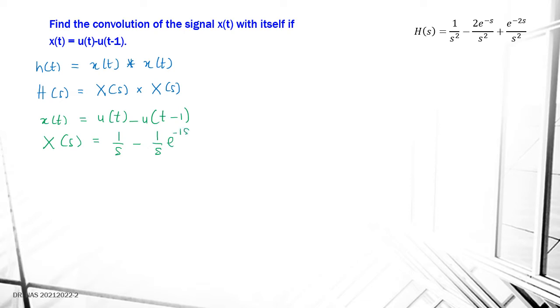So this is your X(s). To solve the convolution, your H(s) equal to X(s) multiply with X(s). So it is equal to 1 over s minus 1 over s e to the minus s, multiply with the same function.